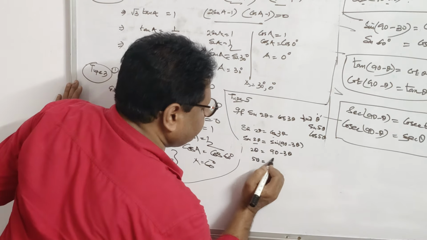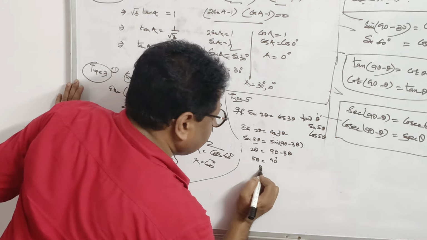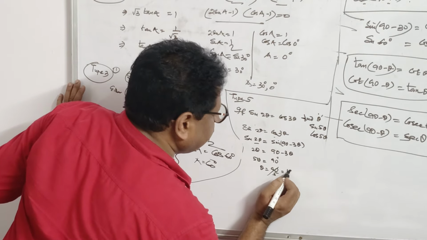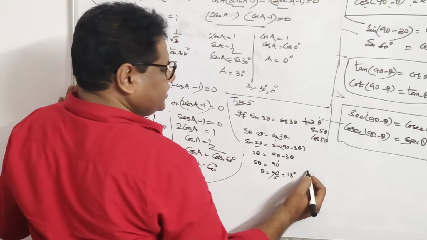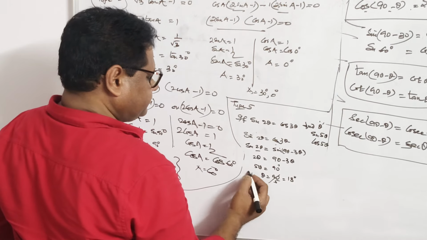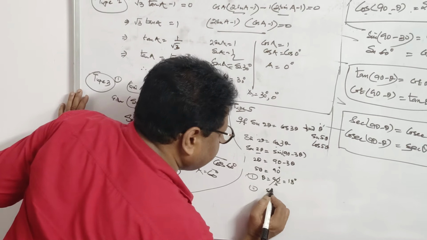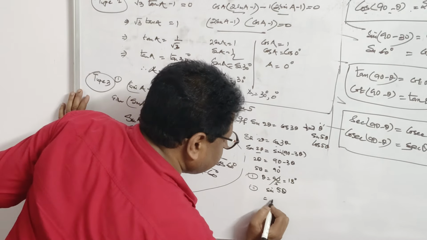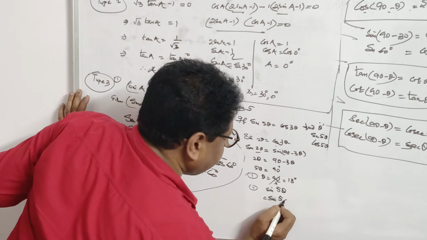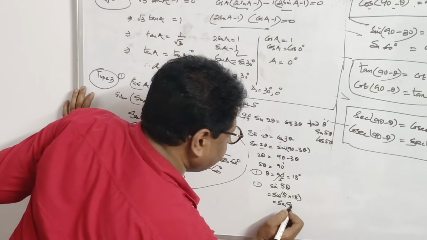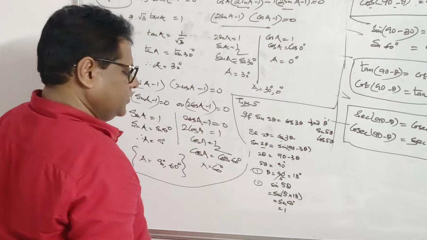That brings 5 theta equals 90 degree. So theta equals 90 by 5, that is 18 degree. So we got the first answer, theta equals 18. Now the second part, sin 5 theta, you have to find out. So this means sin 5 into 18, and that is sin 90 degree, whose value is 1.